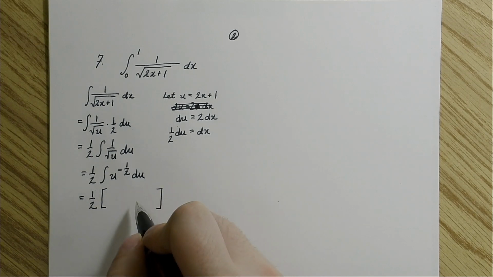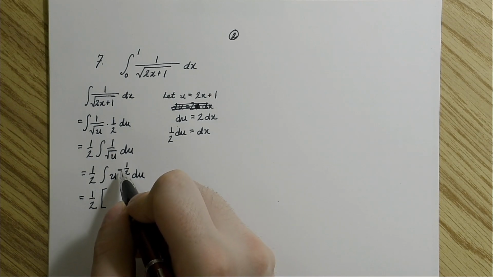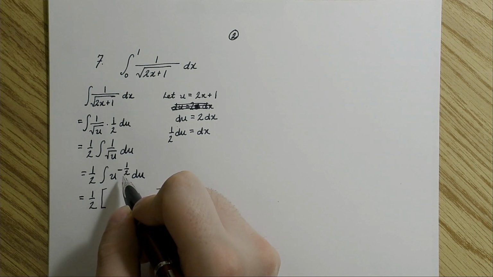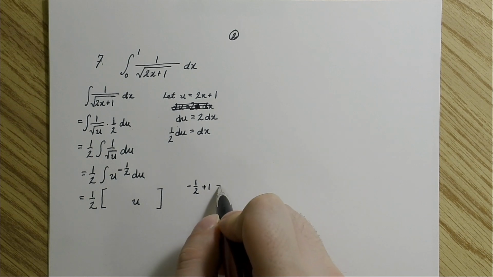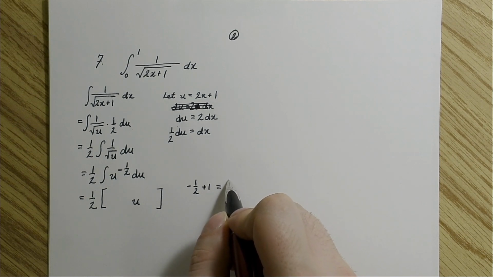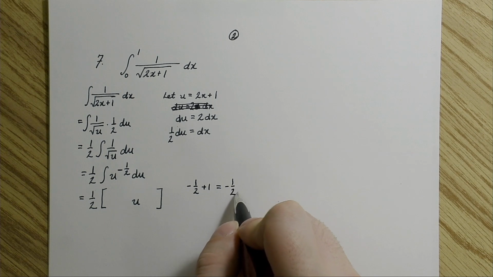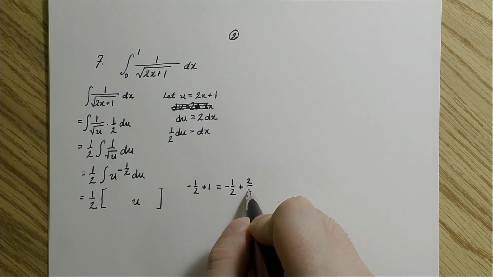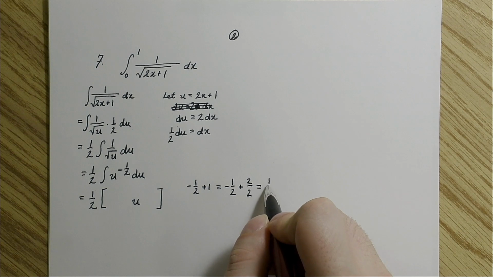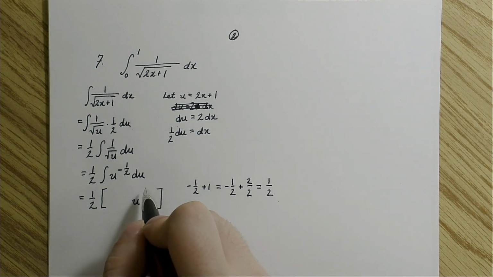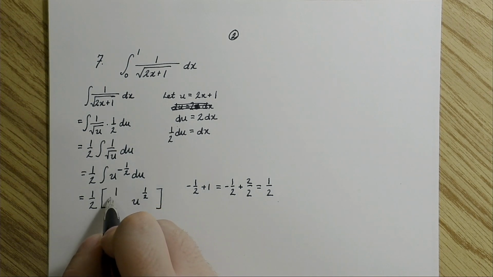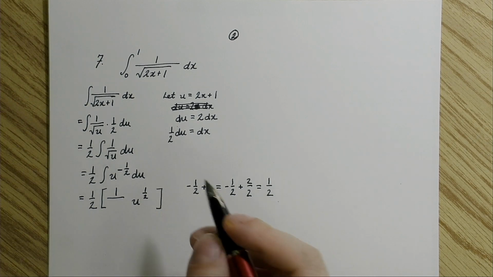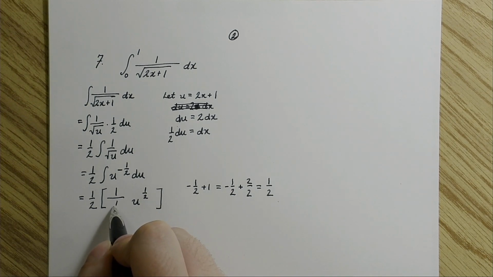And now when I'm going to integrate that, I have to increase this exponent by 1, so that's minus 1/2 plus 1, which is equal to positive 1/2. Which then means that in the denominator, using my rule, it's also 1 over 1/2.